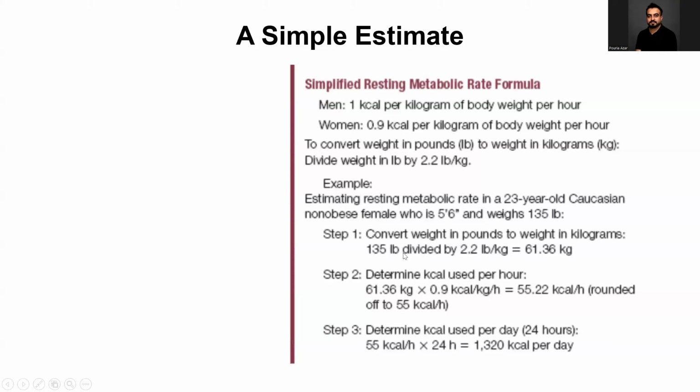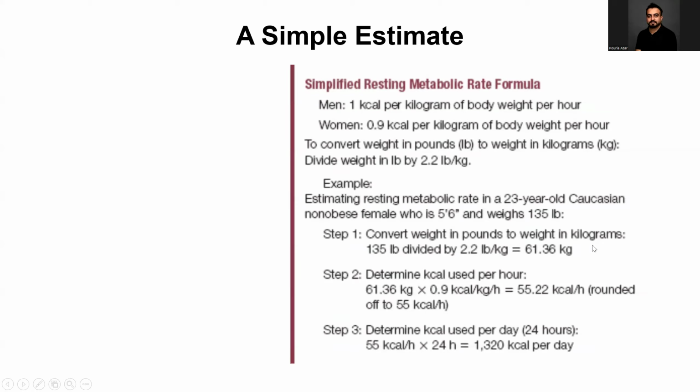So, for example, we have estimating resting metabolic rate in a 23-year-old Caucasian non-obese female, which is the previous example. So first, we have the body weight in pounds, we have to convert it to kilogram by dividing by 2.2, and we get the kilogram for this female.